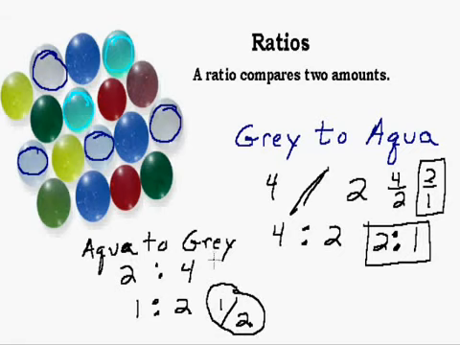So it tells us how these two compare to each other. Remember the original definition, a ratio compares two amounts? So what we're doing is we're comparing the aqua marbles to the gray marbles, so that there's half as many aqua marbles as gray marbles. Now if we switch it around, gray marbles to aqua marbles, compare the gray to the aqua, there would be twice as many.